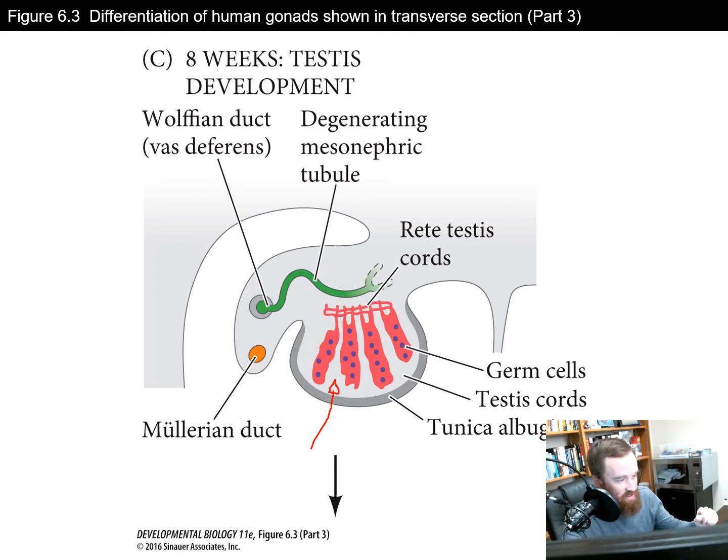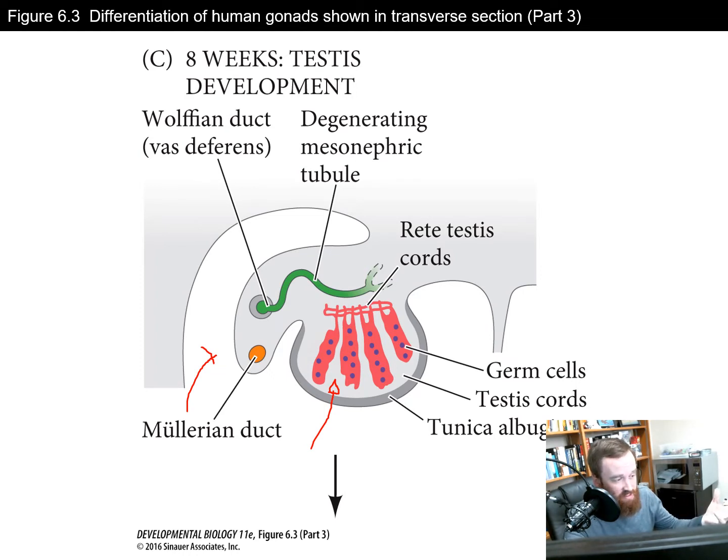And there are cells around the Mullerian duct called Sertoli cells, and what they do is they secrete anti-Mullerian hormone that blocks formation of this duct, and that duct is only needed in development of ovaries in females, and so we need to get rid of it.